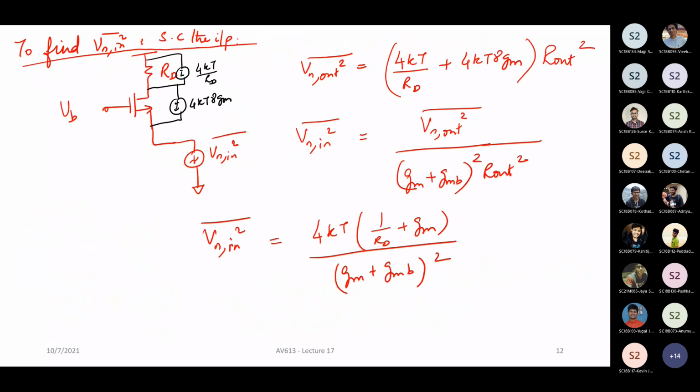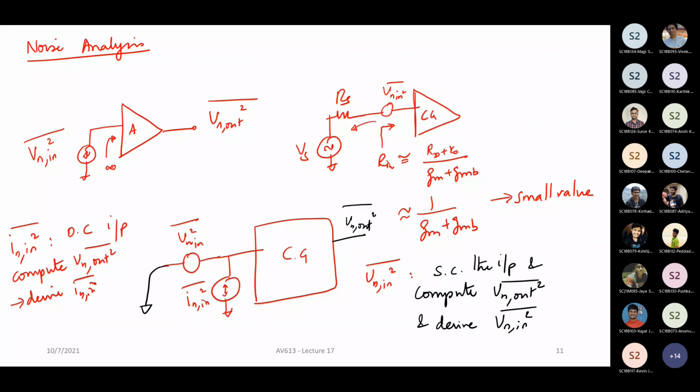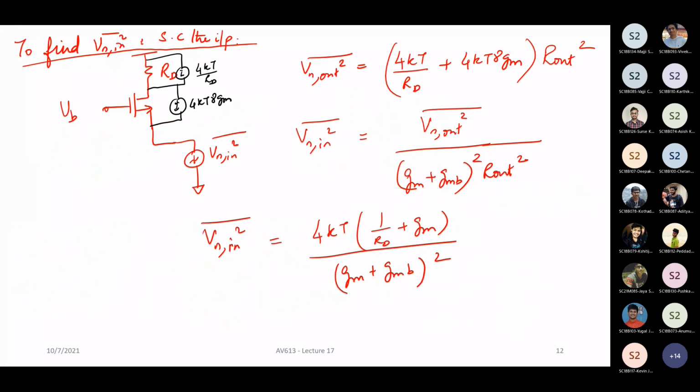Is it clear? We said that the common gate, because of its low input impedance, has to be modeled with both the noise voltage source and the noise current source in order to account for the effects of the source impedance that is driving it. The way we compute it is: one, short circuit the input, and the other, open circuit the input.